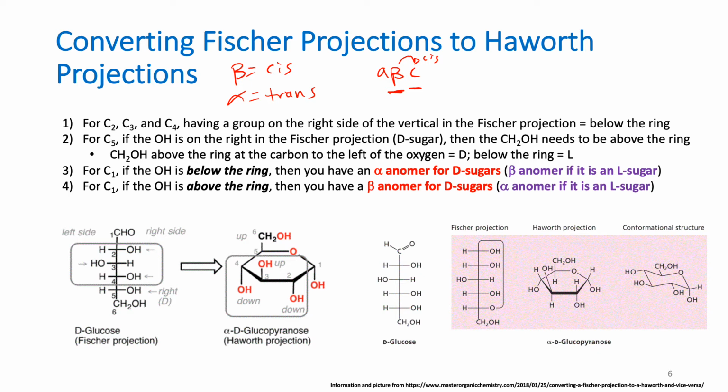Now we're going to be converting Fischer projections to Haworth projections. And this is not easy. It's not obvious unless you have a good grip as to what you're looking at. So let's take a look right here at glucose. You have this aldehyde right here, which is going to be your anomeric carbon. So that is going to be your alpha or beta, depending on what I tell you it's going to be.